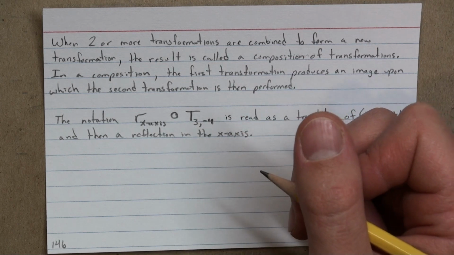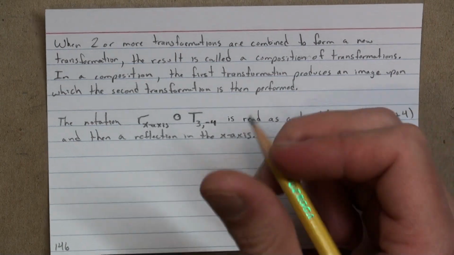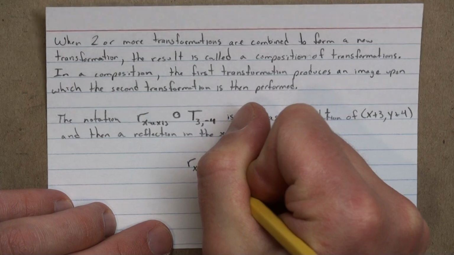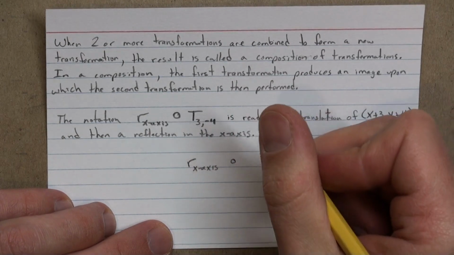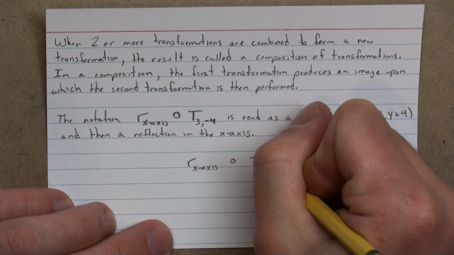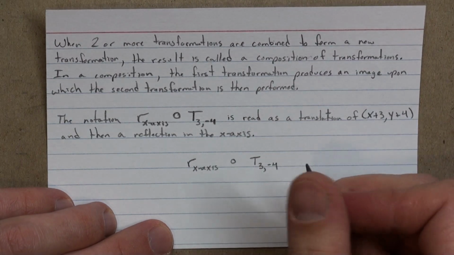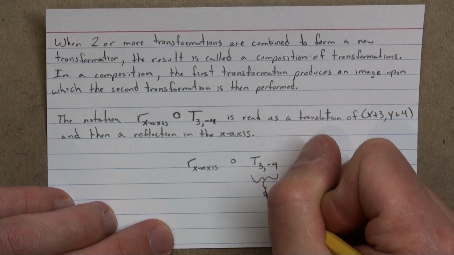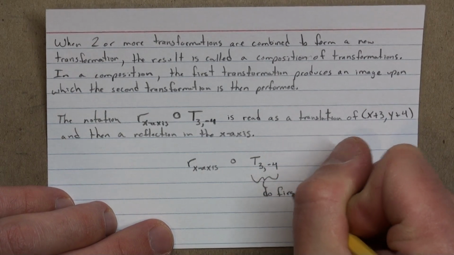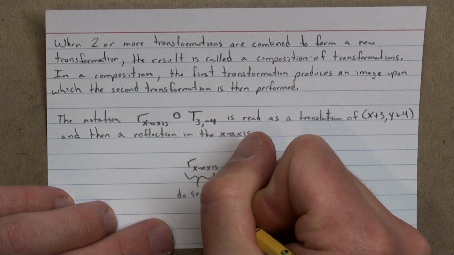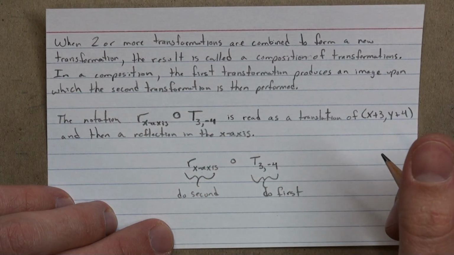So where we had this R x-axis open circle T 3 comma negative 4, this part we do first, and this part you do second.